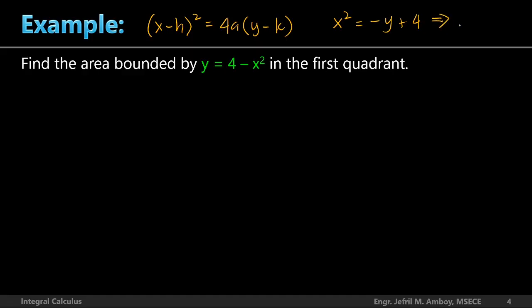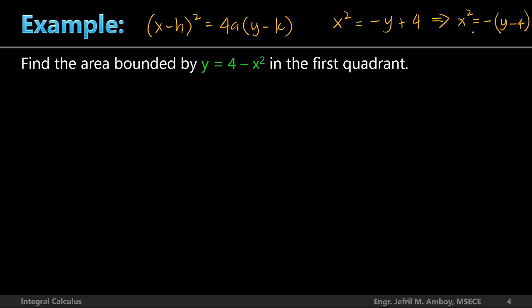Now this can be written as x squared equals the negative of y minus 4, so that when I distribute the negative sign, I'll get negative y, just like it's negative here, and negative of negative will be positive. So these two are identical to each other.